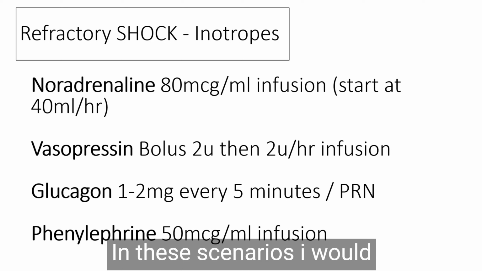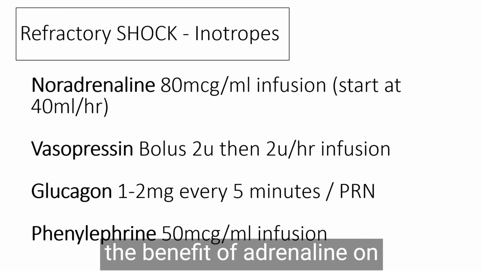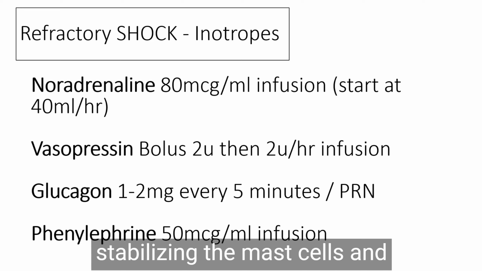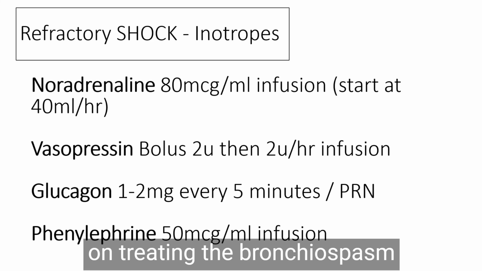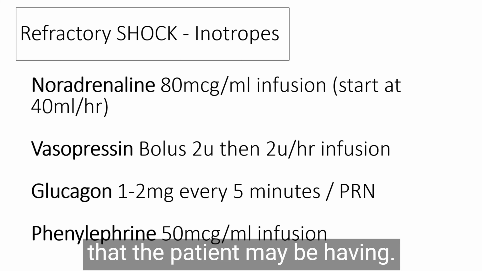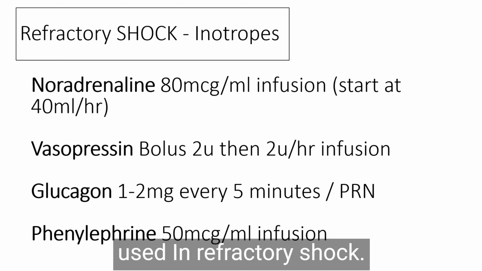In these scenarios, I would still continue my adrenaline infusion because I would want the benefit of adrenaline on stabilizing the mast cells and the basophils, and also on treating the bronchospasm that the patient may be having. So those are alternative inotropes that can be used in refractory shock.